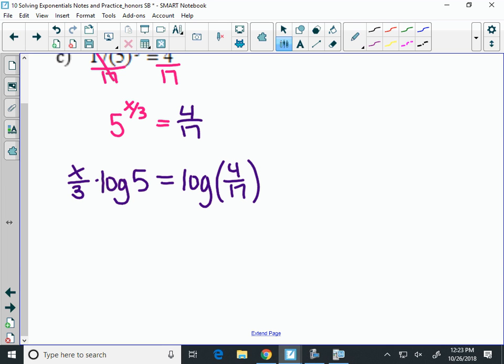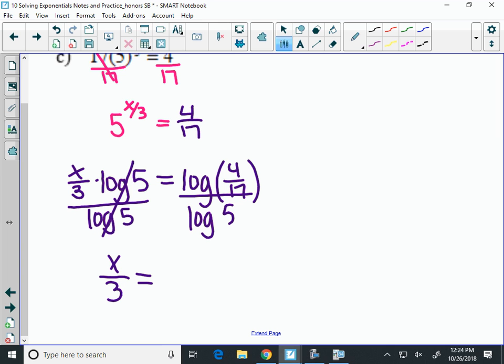So I have x over 3 times the log of 5 equals the log of 4 over 17. Now for these ones, the next thing I would do is get rid of the log. My preference is before you deal with the stuff that was the exponent, I would just divide by log of 5. That's just how I like to do it because I think it gives you a nice fraction with logs and then you can do the other stuff.